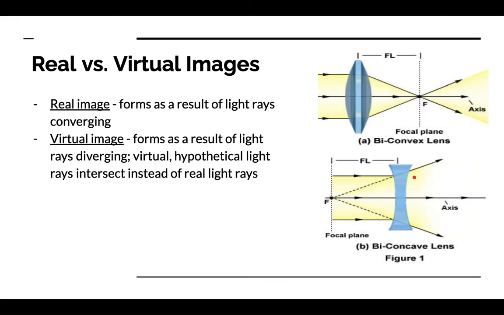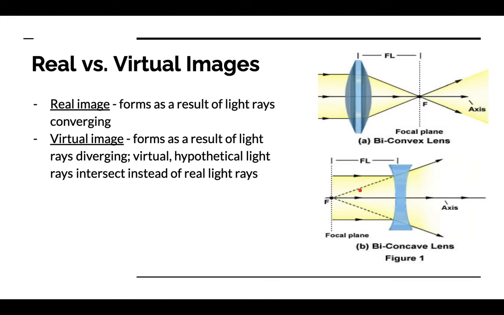If you're wondering why we can see an image if these are virtual, hypothetical light rays, the reason is that we see the light on the path as it approaches us. Better said, when the light hits our eye, we're going to see the light traveling on this path right here. So our eye perceives the light to be moving on this path, and hence we see the image formed by these hypothetical light rays.